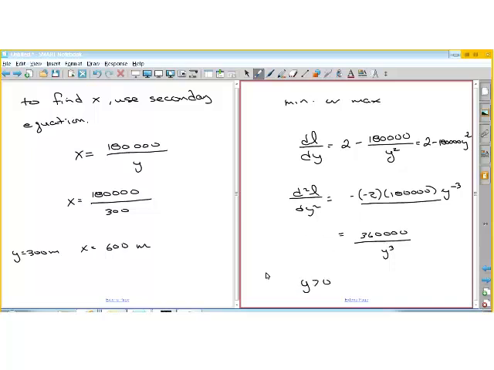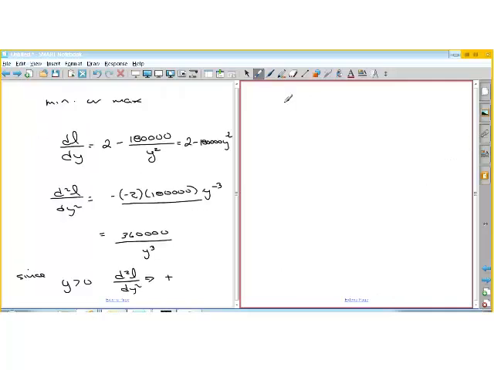And since y is greater than 0, d squared L over dy squared is positive, greater than 0. Since the second derivative is greater than 0, we're concave up, which means we're like that.